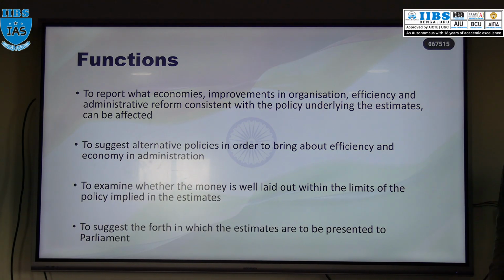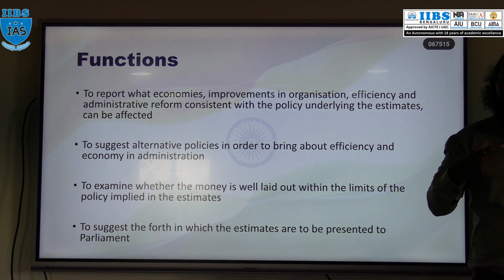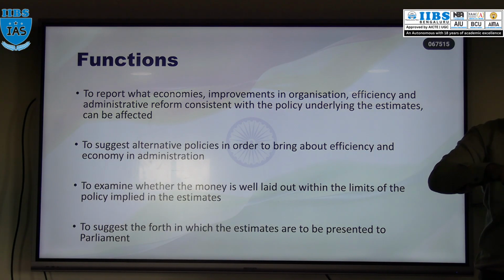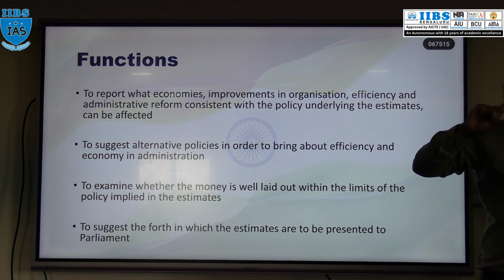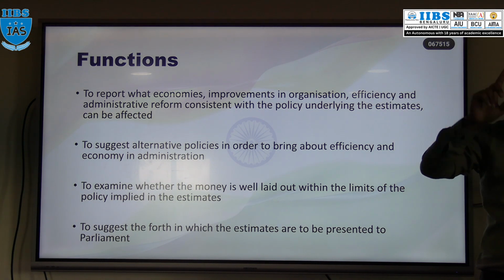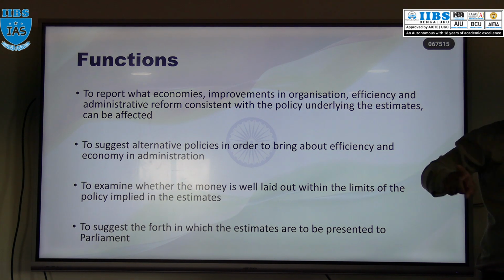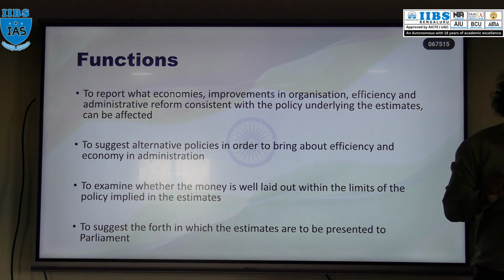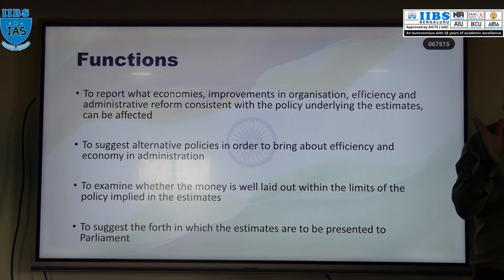This committee also examines whether the money, say for implementation of a particular policy, which the minister asks for in the form of a demand for grant, has been fully spent for the implementation of that policy or not. That is also examined by this Estimate Committee. So if you observe, in short, the Public Accounts Committee deals with the CAG report and appropriation accounts, and the Estimate Committee deals with the estimations only.